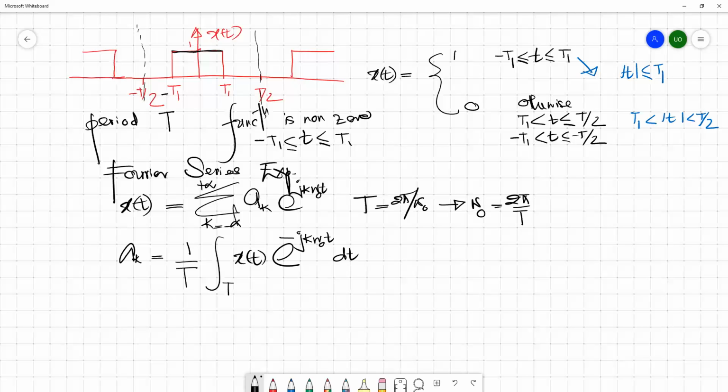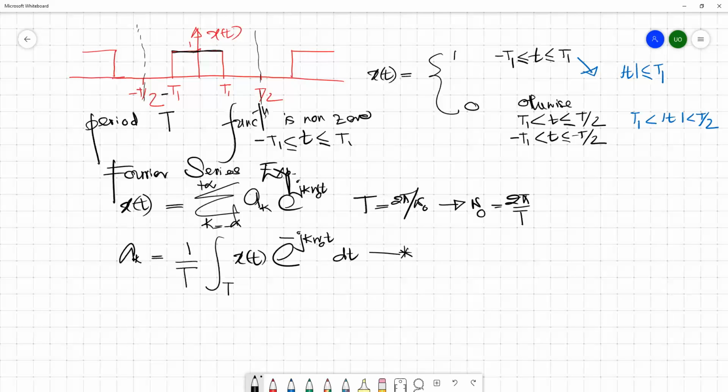And this is the way of evaluating the Fourier series coefficients for any given k. So this is the definition of the series expansion of this periodic function x(t) using complex exponentials. So these a_k are Fourier series coefficients, or the coefficients representing the contribution to the expression. So from this we can derive these individual coefficients.